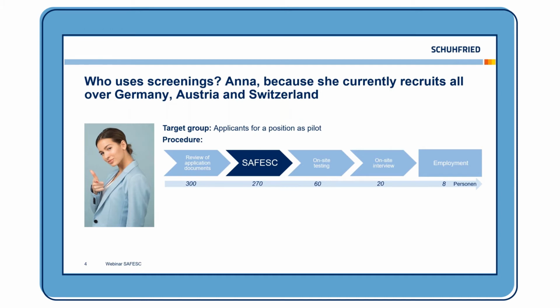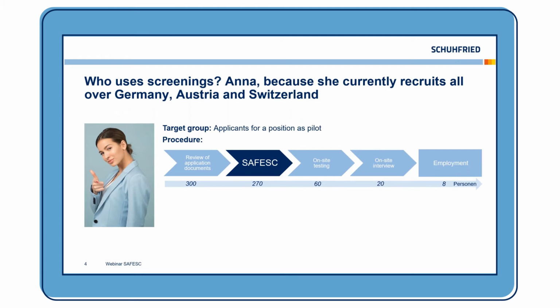Around, or exactly a third of those 60 people, namely 20, are then identified as suitable. That means across all relevant skills, they fulfill the requirements. And those 20 are then invited to an on-site interview. From those 20, 8 will then get offered a contract or an employment.